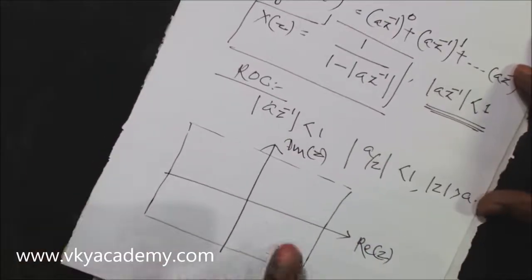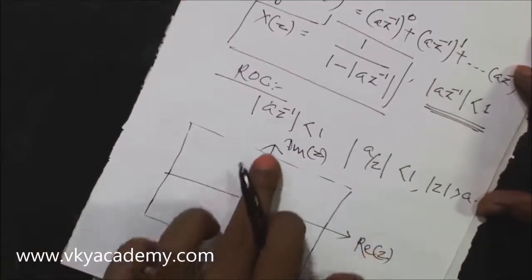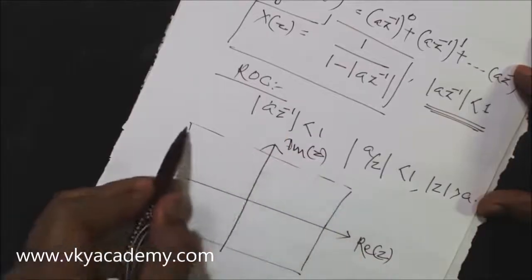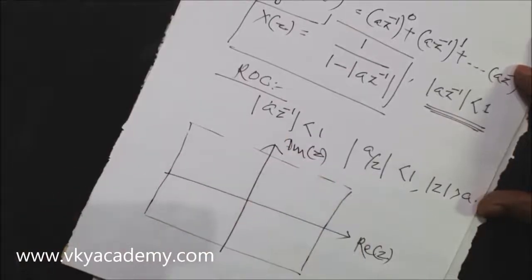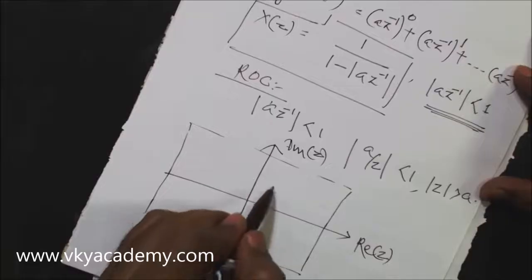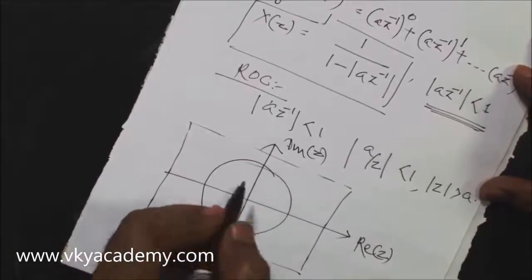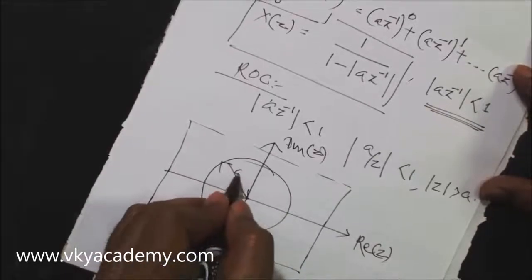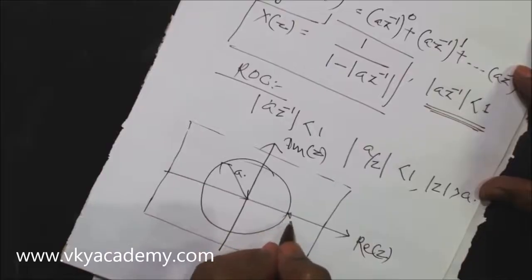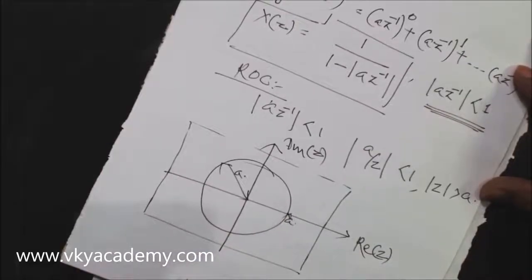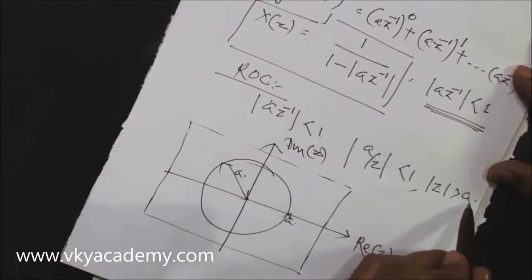So this is the z plane, with the real axis of z and the imaginary axis of z, and a hypothetical infinite rectangular box. Draw a circle with radius a, or you can say it has a pole equal to a. The ROC is mod z greater than a.